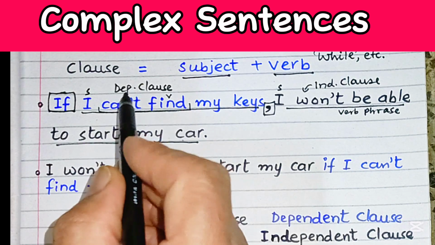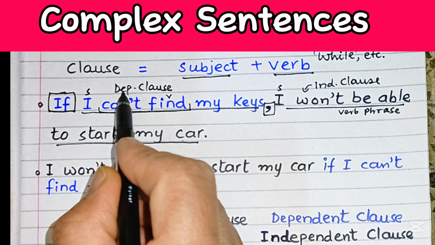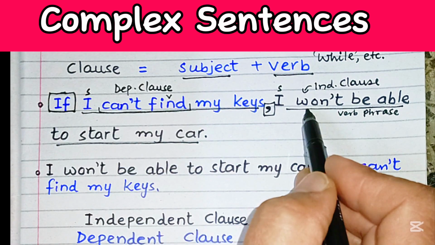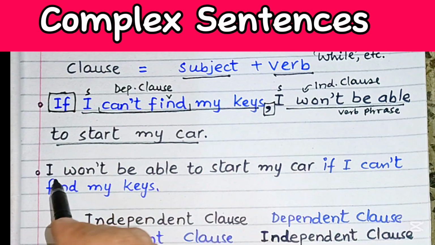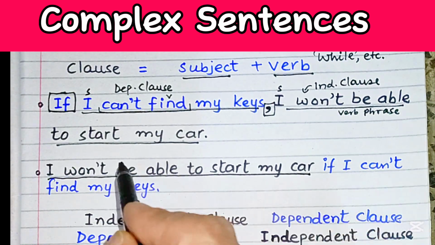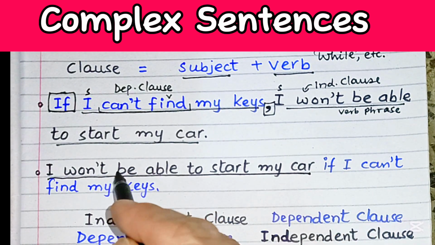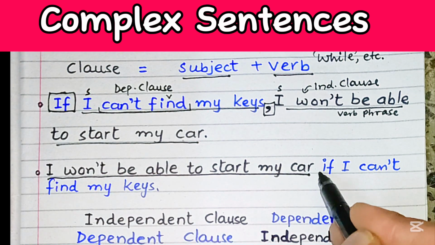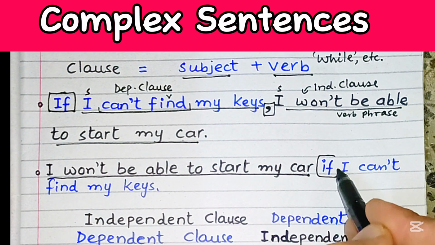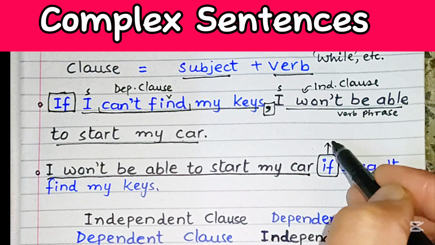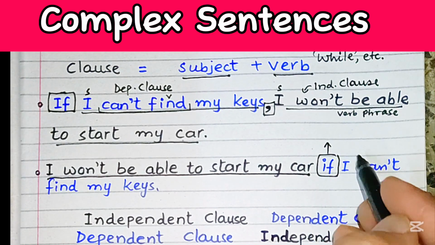Firstly, the dependent clause was put in the beginning, followed by an independent clause, but now the independent clause is at the beginning of the complex sentence, and we don't put any comma here because now the subordinating conjunction is used in place of the comma.